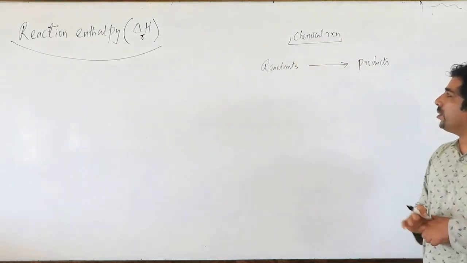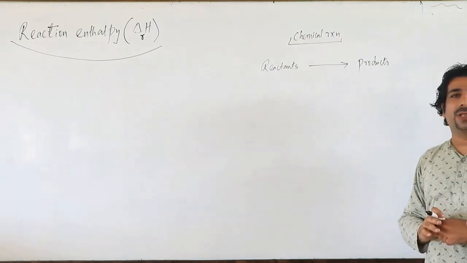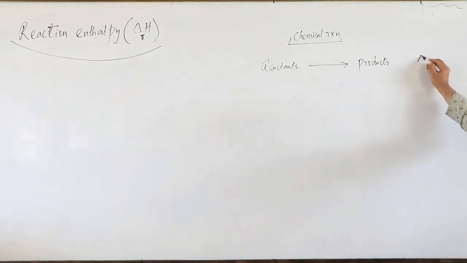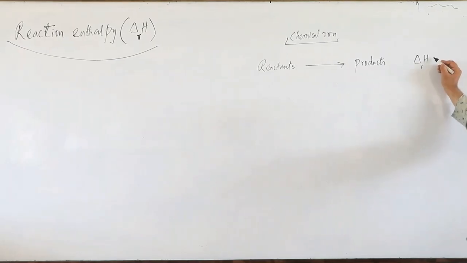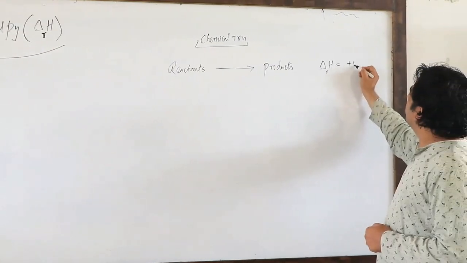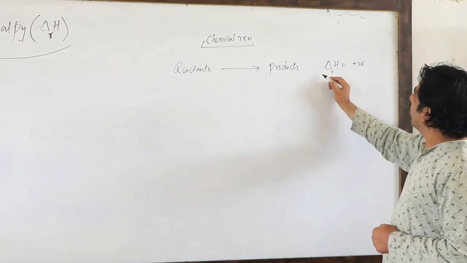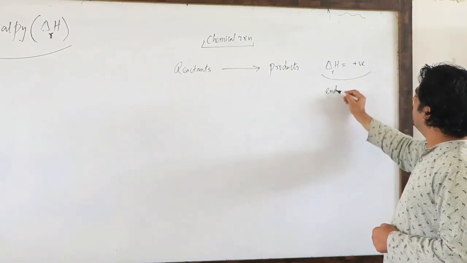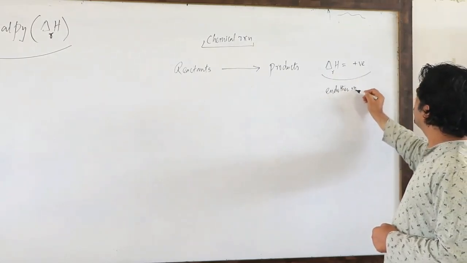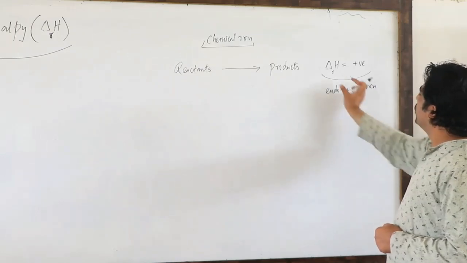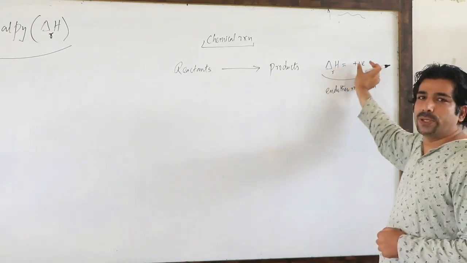If this chemical reaction is, let us suppose, endothermic, then delta HR for this will be positive. So the reaction enthalpy is positive.